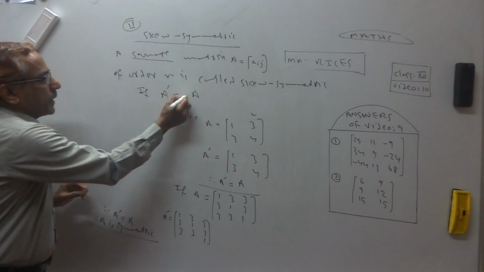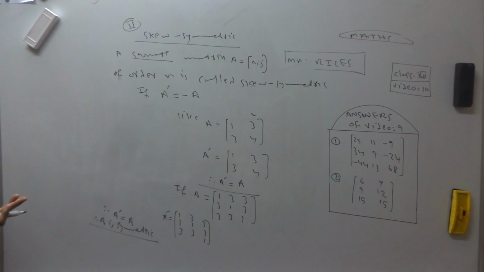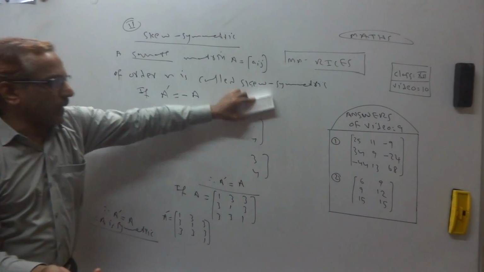If A transpose is minus A, skew symmetric. Okay? I will give one example.